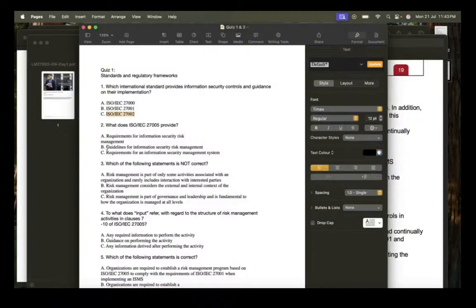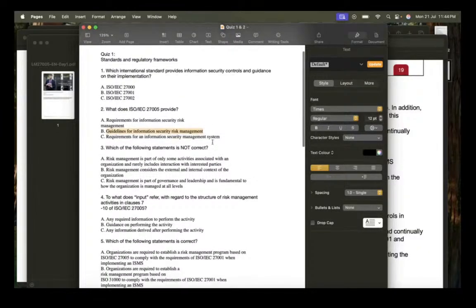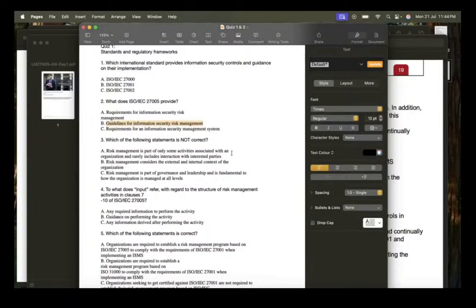So here, as you remember, 27,005 provides guidelines and not requirements. So you are correct here. We can go with this option. These are just examples of what type of questions you can come across. So we'll go with the guidelines option.